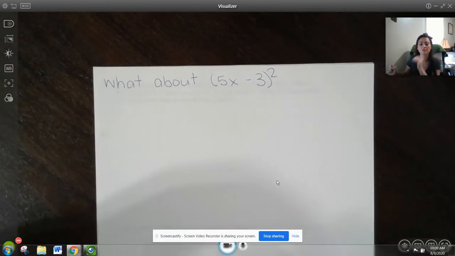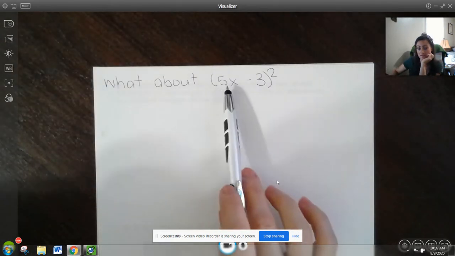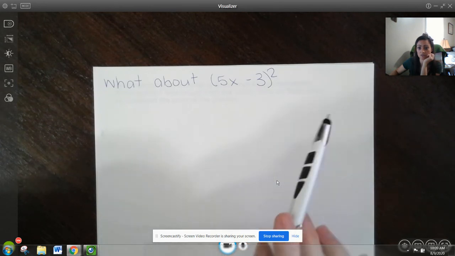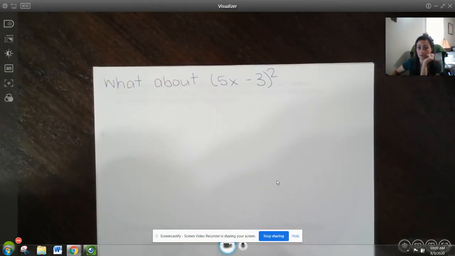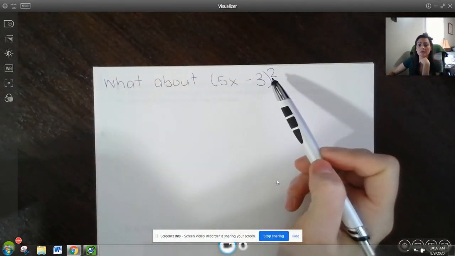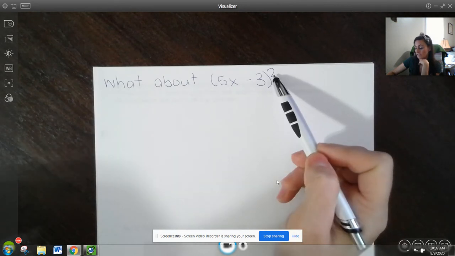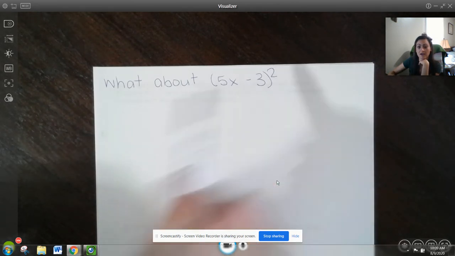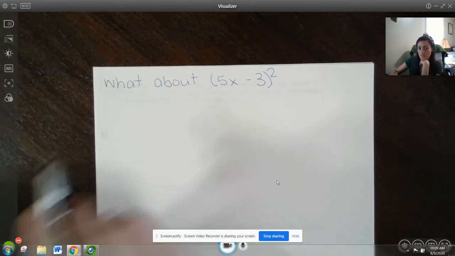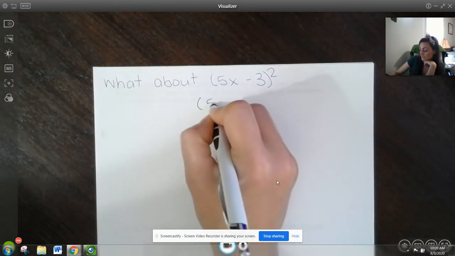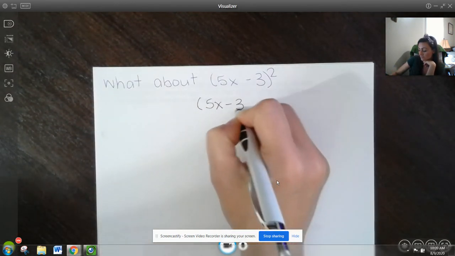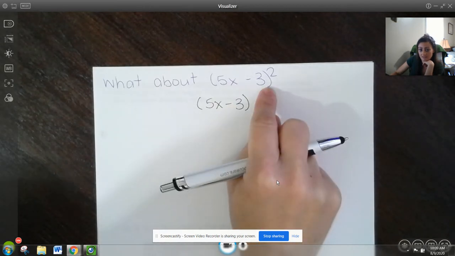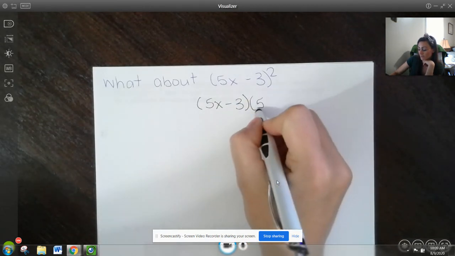Now what if you were given 5x minus 3 squared? This does not mean that I am applying the squared to this term and to that term. What this means is I'm actually multiplying this by itself.